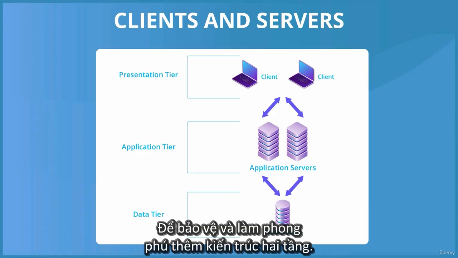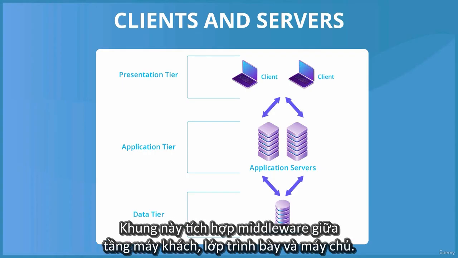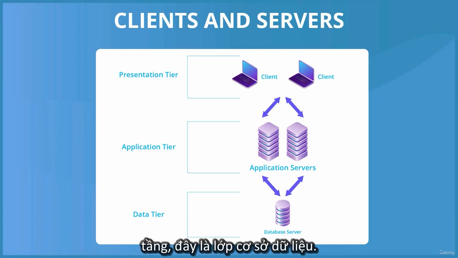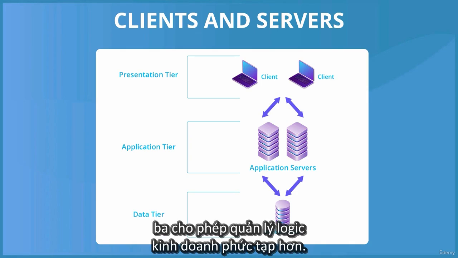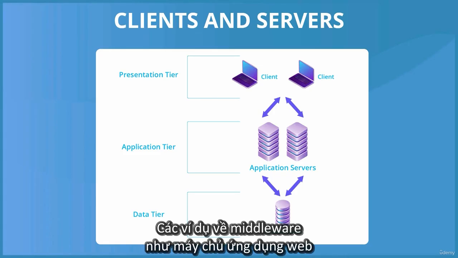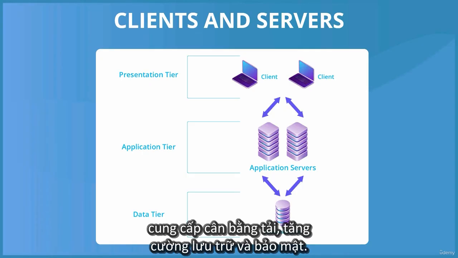So clients and servers take on more business and database logic at varying levels, providing administrators some control. To further protect and enrich the two-tier architecture, the three-tier framework incorporates middleware between the client tier, the presentation layer, and the server tier, which is the database layer. Now, this application layer provides a third tier, enabling more complex management of business logic. Examples of middleware like web application servers offer load balancing, increased storage, and security.